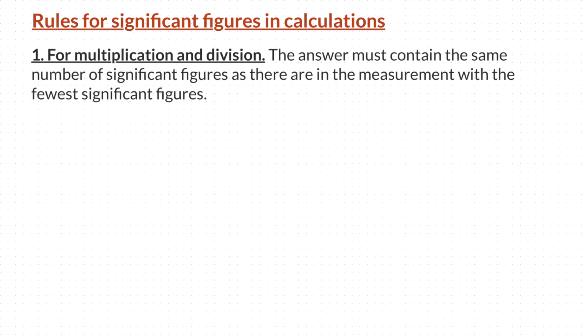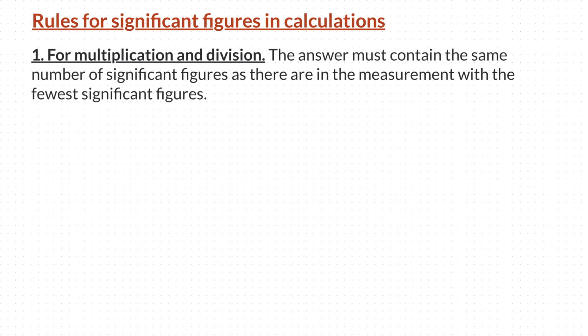Let us say the arithmetic calculation that you are doing is either multiplication or division. The rule for multiplication or division is, when we multiply or divide 2 measurements, the answer should contain the same number of significant figures as the measurement with fewest significant figures.